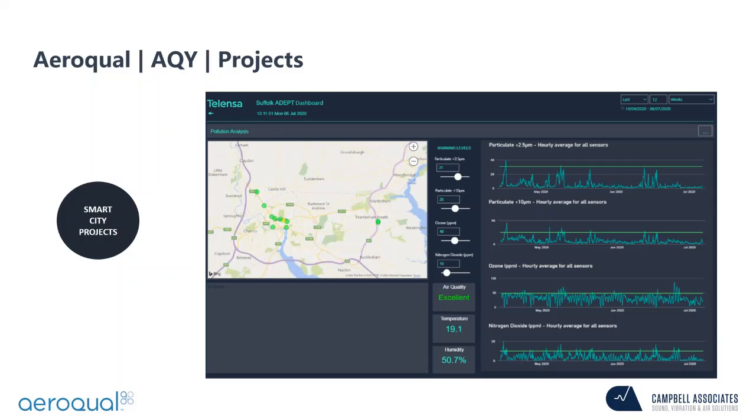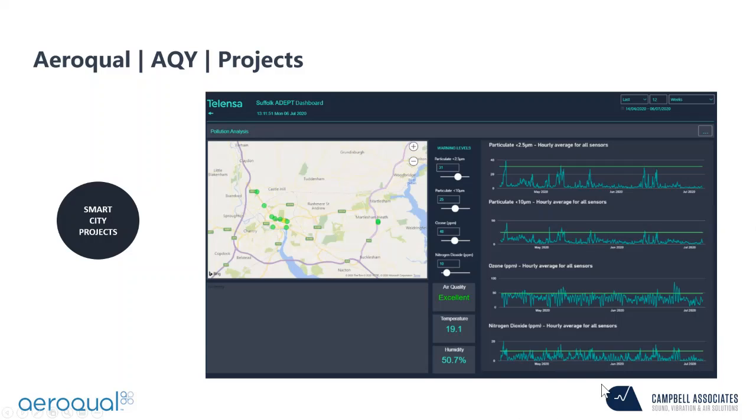A customer of ours, Telensa, has been working with Suffolk County Council and deployed a pilot network of AQYs and also other sensors related to traffic monitoring. Telensa is a lighting company, and they chose the AQY because it not only delivers accurate data for the main urban pollutants, but it's also very easy to deploy. They can access the data via API, as I mentioned before.